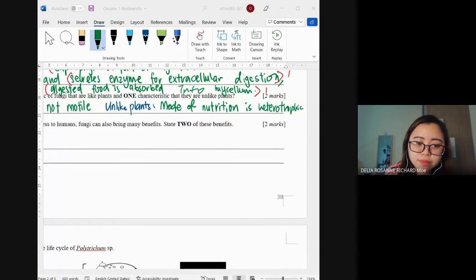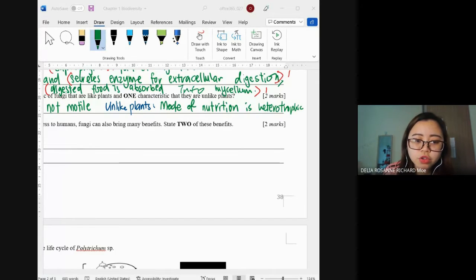Eva says plants yang like plant. I'm just going to read Eva's answer. Eva's answer here is that yang like plant, jawapan dia adalah cell wall mainly made of chitin. Jawapan untuk unlike plant, lack of chloroplast.